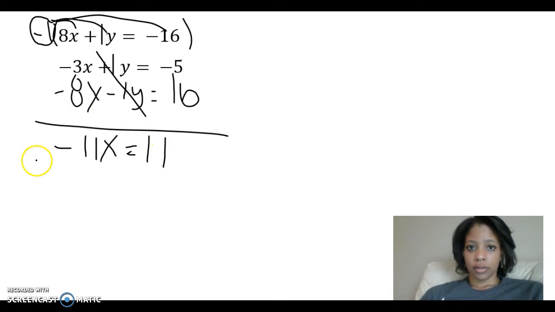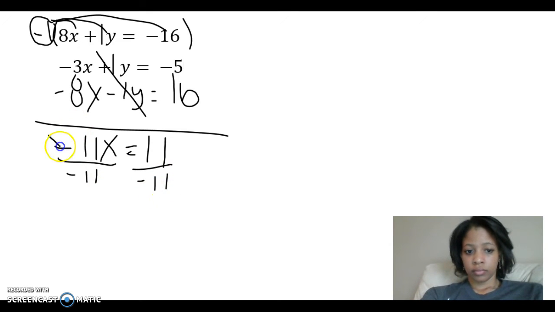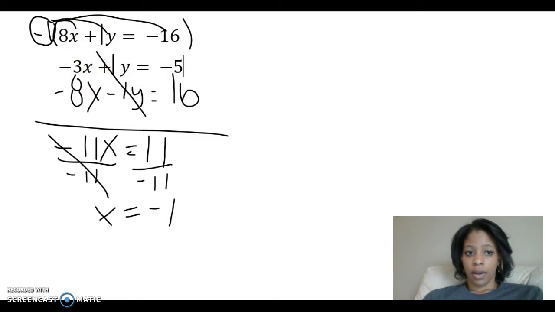Now I'm solving for x, so I need to get rid of this negative 11. So I'm going to divide both sides by negative 11. These cancel out. All I have left is x equals, and then positive 11 divided by negative 11 is going to be negative 1. So now I have my equation solved for x.